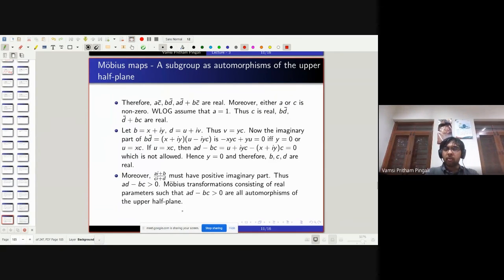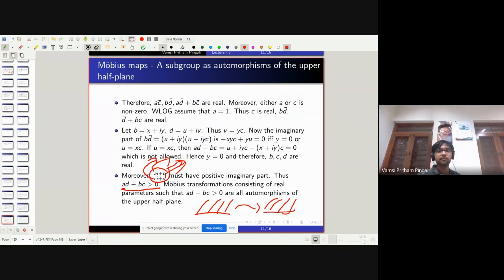The Mobius maps that take the upper half plane to itself are of this type, where these are all real numbers and AD minus BC is positive. So A, B, C, D are real and AD minus BC is positive. These are the Mobius transformations that take the upper half plane to itself.